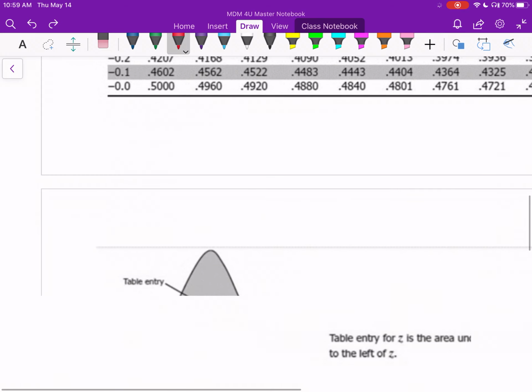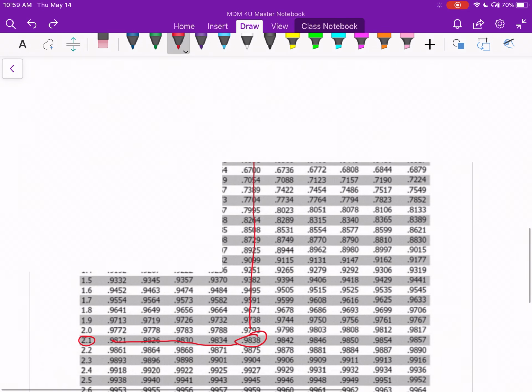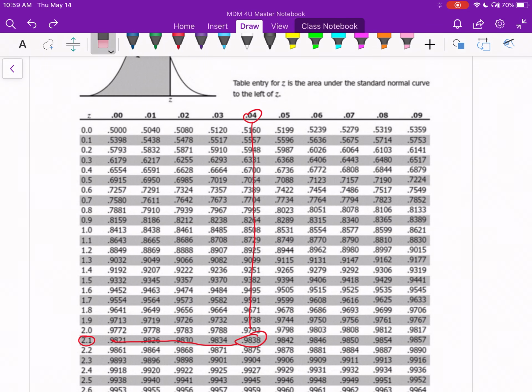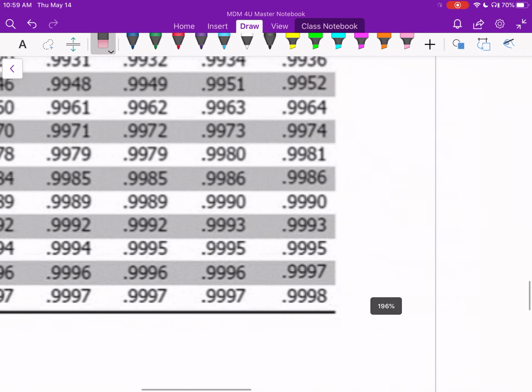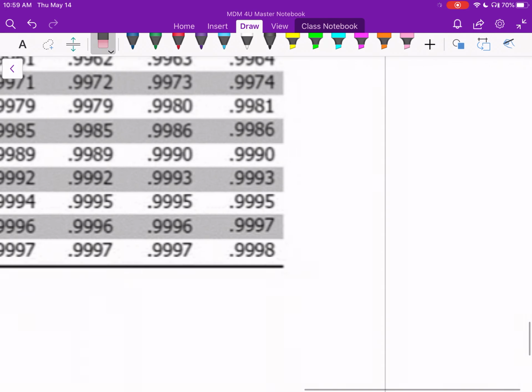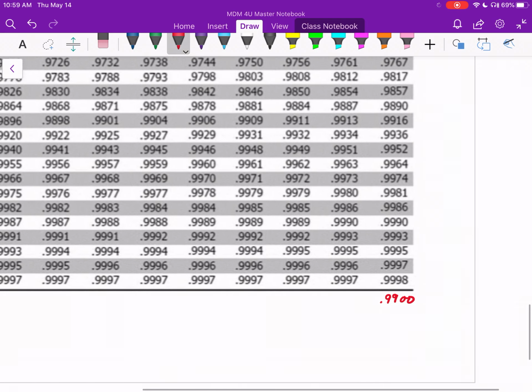We need to go over to the other side and go all the way up to 99%. But let's not overshoot this here, because this table goes up to 99.98%. That's as high as we can go. So we're not looking for 99.98, we want 0.9900 is what we're looking for. Well, where are we going to find that?